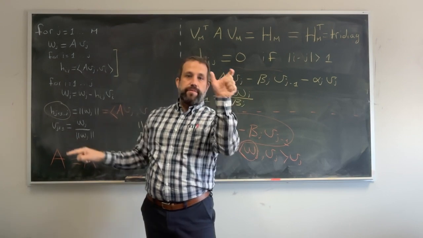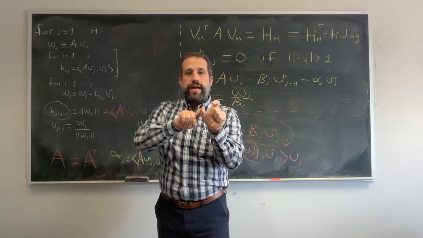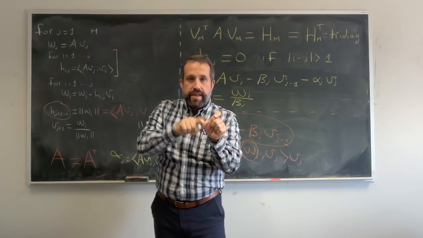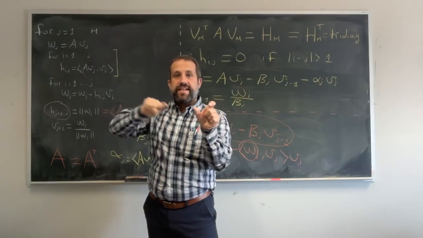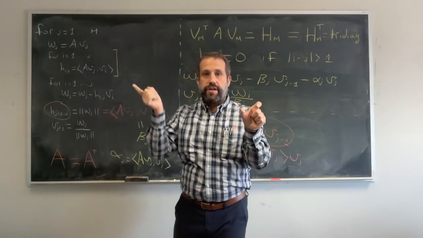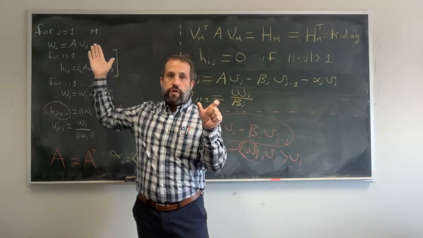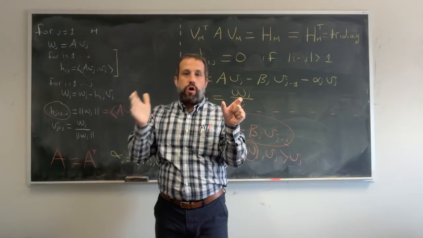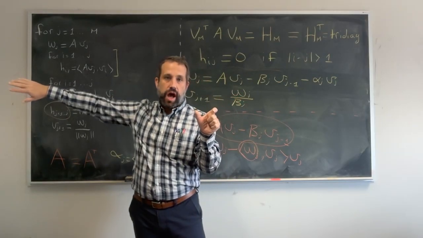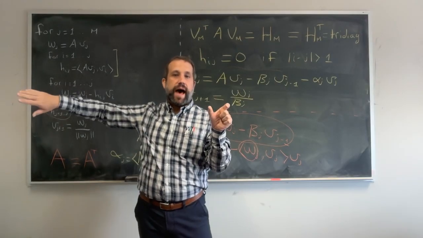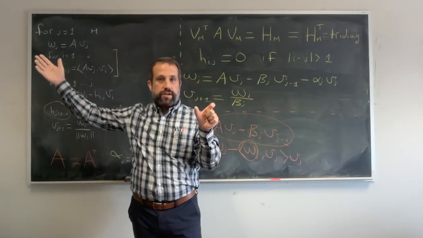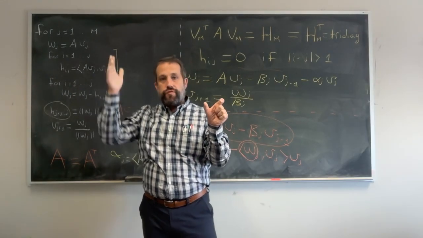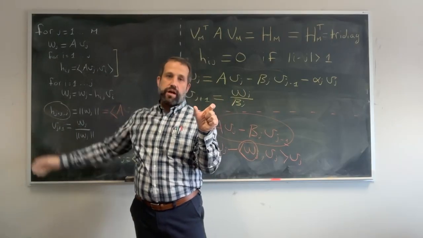So when we do Gram-Schmidt on A Vj, it's only Vj and Vj minus 1 that it is perhaps not orthogonal to. For vectors 1 through j minus 2, A Vj is already orthogonal, at least mathematically, so you don't have to do that orthogonalization at all.